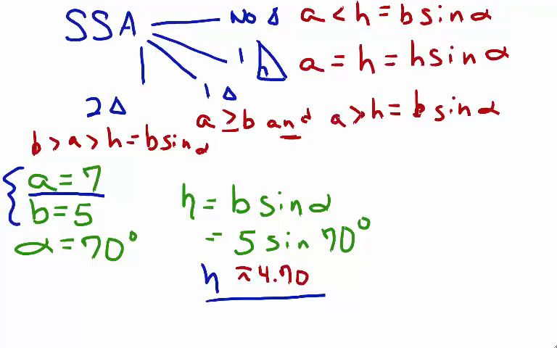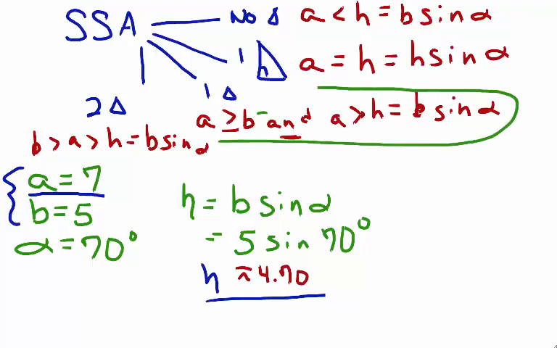So again, reaffirming, we have one triangle because side A is greater than or equal to side B, and also side A is greater than h, which is found by calculating b times sine of alpha. Now we can solve our triangle.